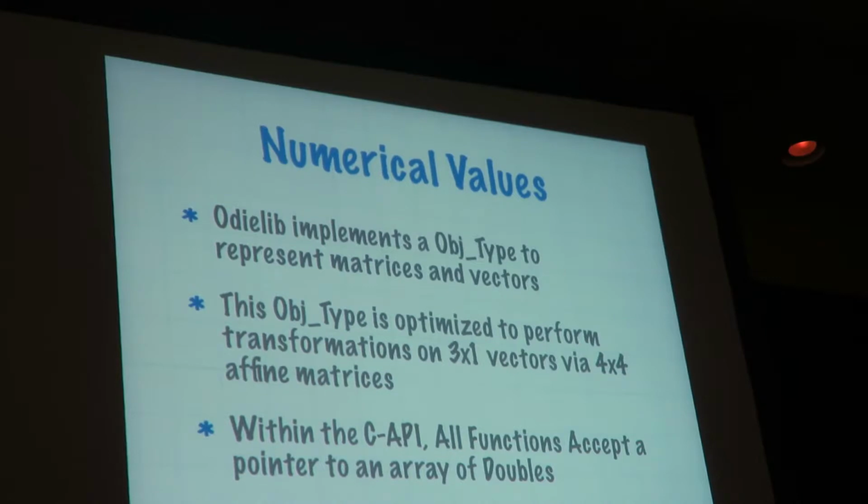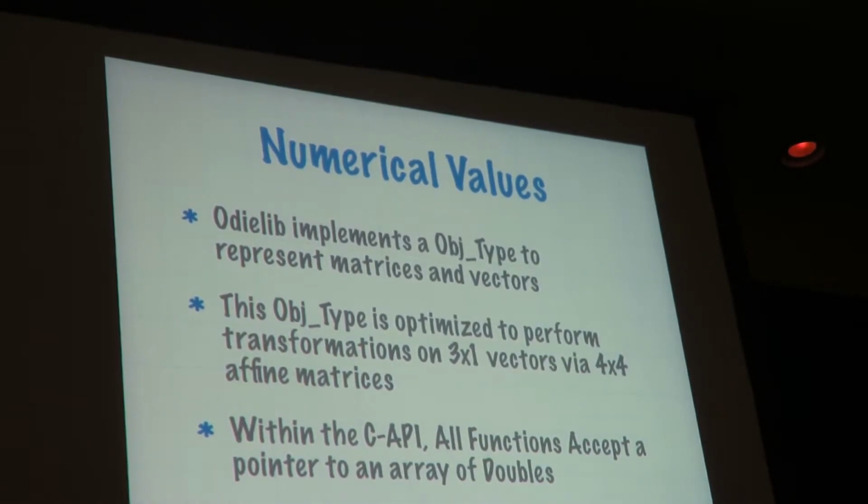So back to Odielib, how do we deal with numerical values? They're a special object type, and they represent vectors or matrices. Right now, it's optimized to handle 3D vectors being rotated by a 4x4 affine matrix.